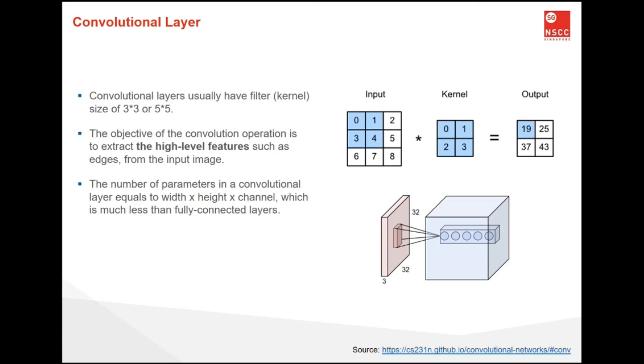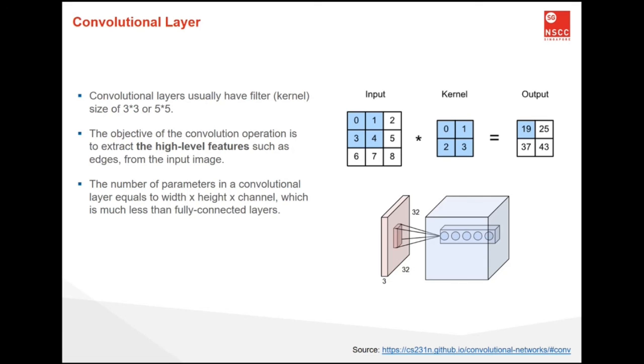When dealing with high-dimensional inputs such as images, as we saw above, it is impractical to connect neurons to all neurons in the previous layer. Instead, we will connect each neuron to only a local region of the input layer. The spatial extent of this connectivity is a hyperparameter called the filter size.